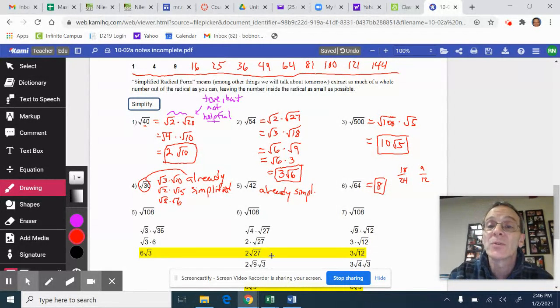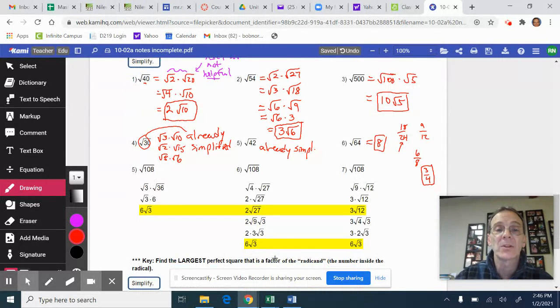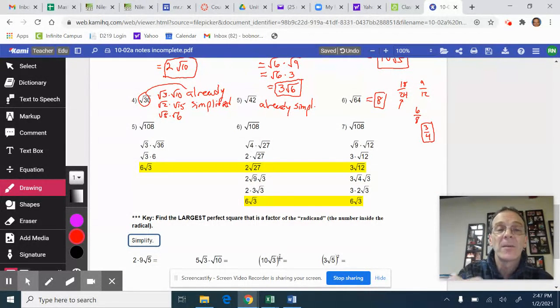Or you might reduce 18/24 if you divide both numbers by 3 to 6/8. Okay, yeah, that's reduced, but not completely. Both the 9/12 and the 6/8 can be reduced to 3/4, which is the only acceptable answer if I say reduce 18/24 completely.